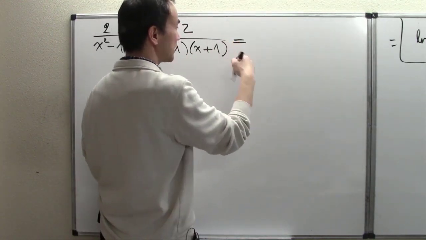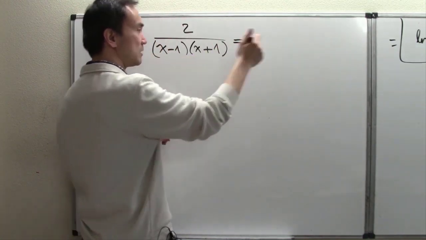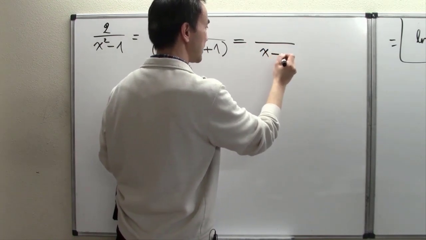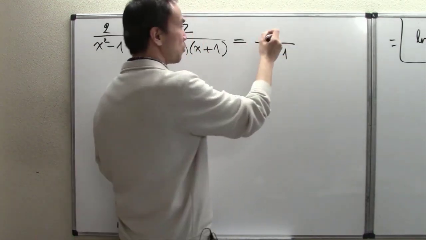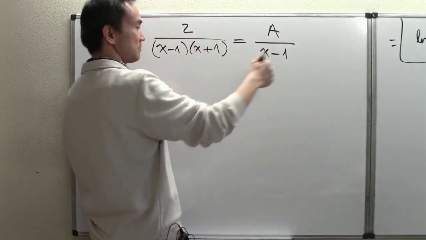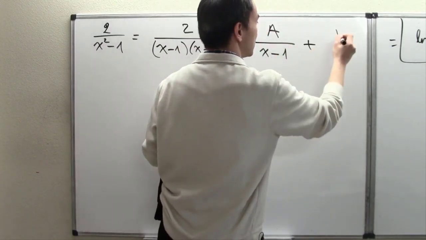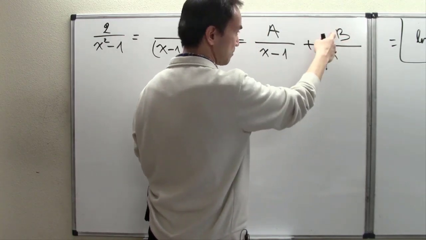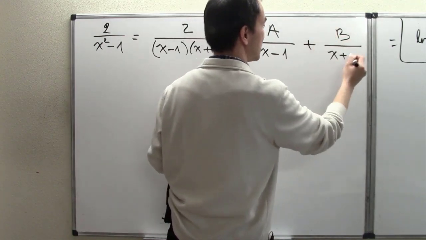It can definitely be broken down into partial fractions, where one contains only the x minus 1 with some coefficient a, and we need to find out what that a is. Then there's going to be another partial fraction in the form of a coefficient b over x plus 1.